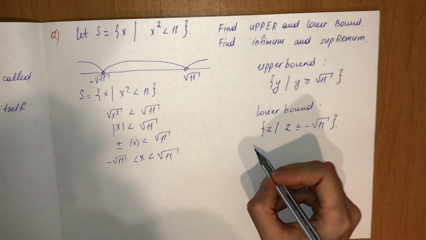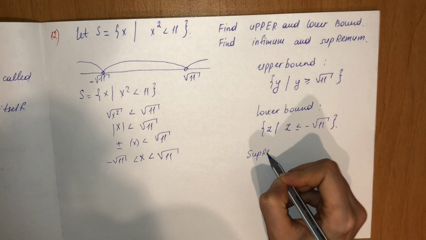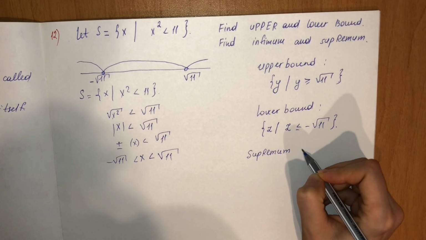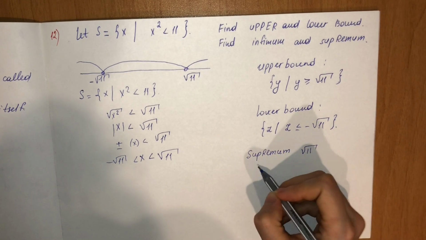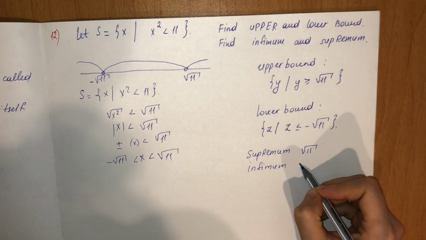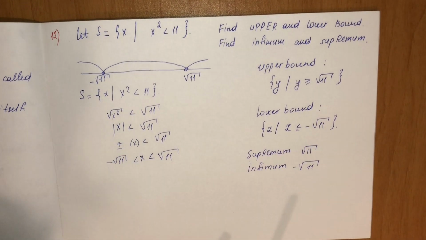Here we get that the supremum is the square root of 11, and the infimum is minus the square root of 11.